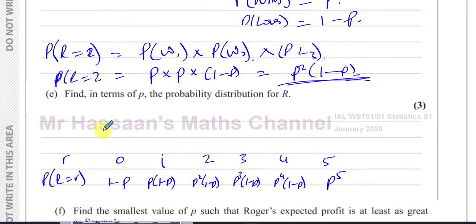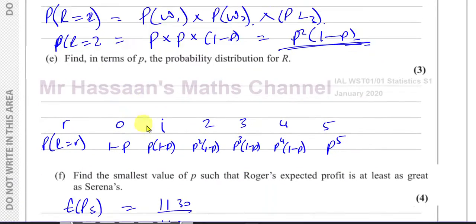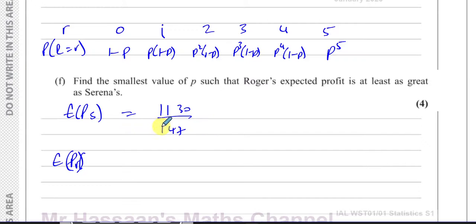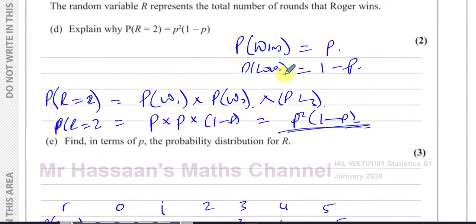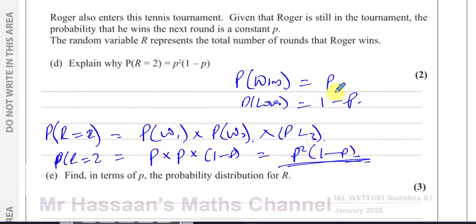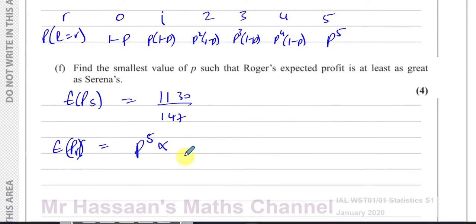Roger, is it Roger? Yeah, his expected profit is going to be the probability that he wins, which is p to the power 5, times the prize money, which is 260. Was it 260? Yep. Minus the cost of entering. So it's going to be 260 times p to the power 5 minus 10.